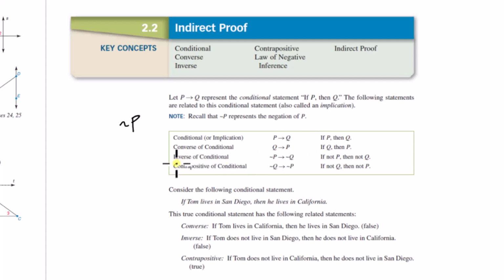Then you have the inverse of the conditional statement, where you take the conditional and make each of these not: if not P, then not Q. But then there's also the inverse of the converse, and that's called the contrapositive of the conditional: if not Q, then not P.